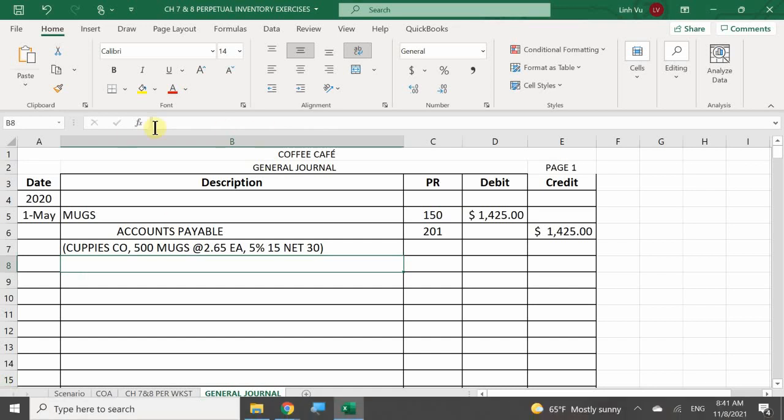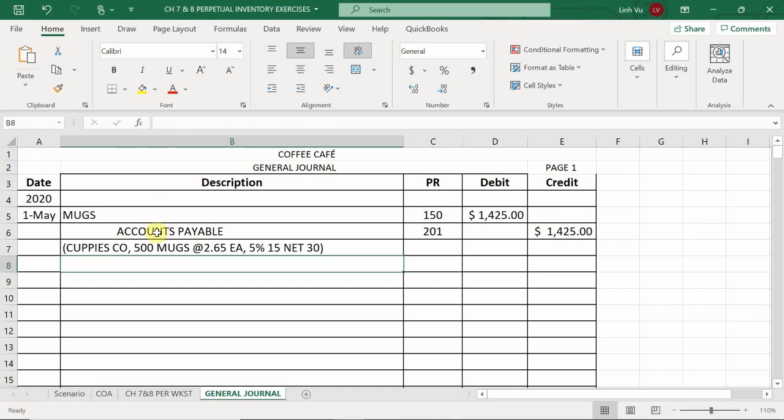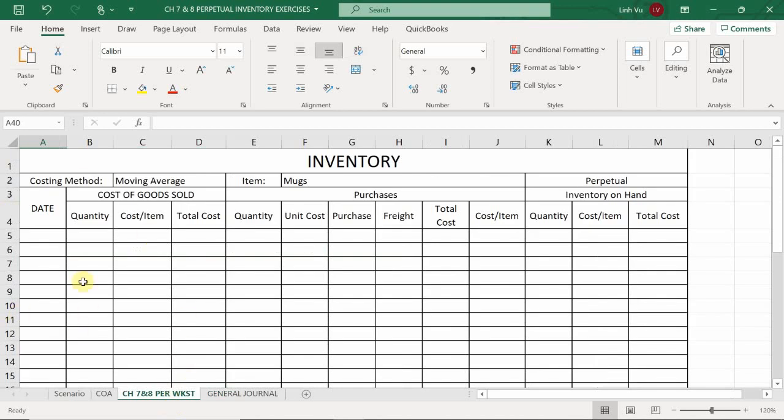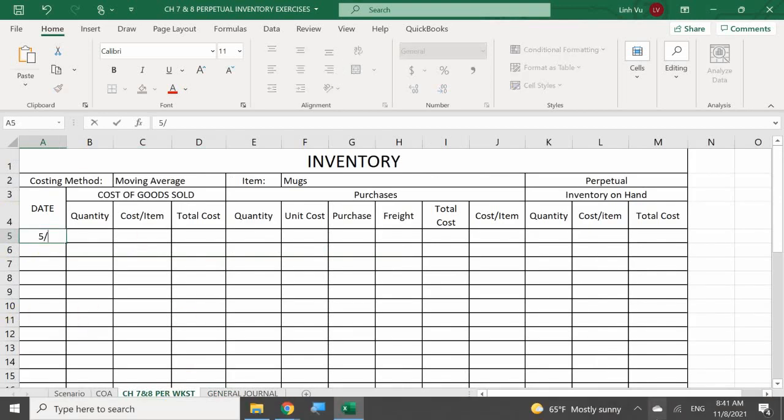So then, now that I have this, let's go ahead and plug it into my inventory worksheet. So again, today is May 1st. I bought 500 units at $2.65 each, with the freight costing $100.